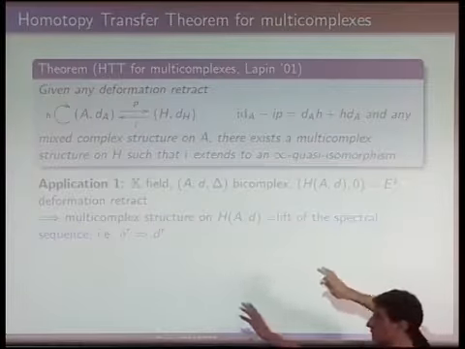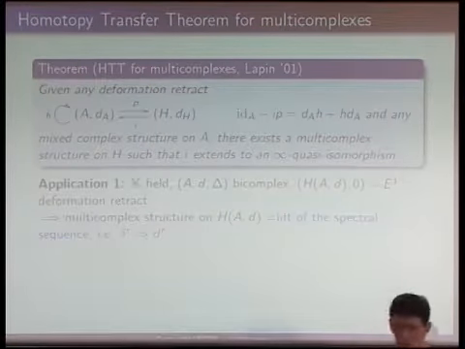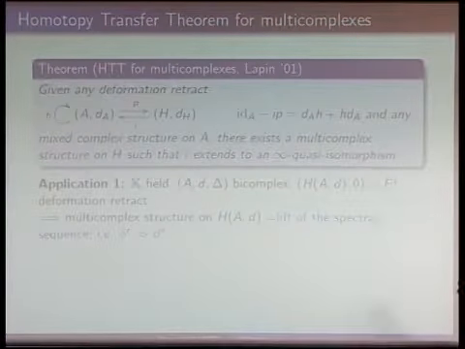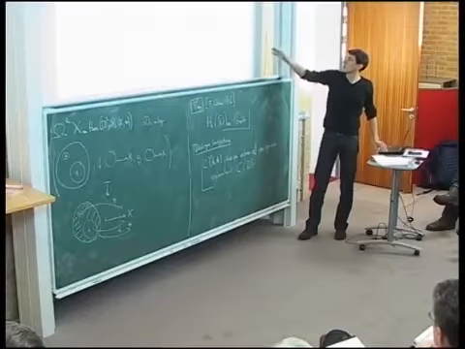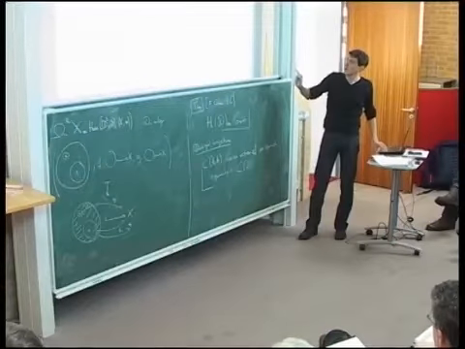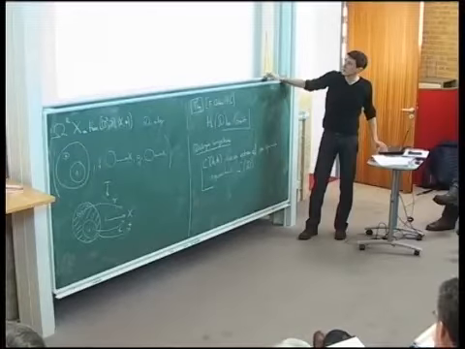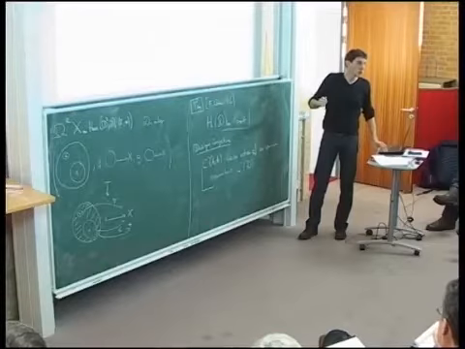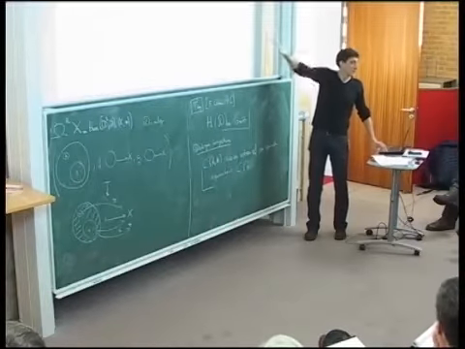So the structure that I described before is actually a lift of the spectral sequence associated to a bicomplex. Said another way, this gives you another way to interpret spectral sequences. A spectral sequence is all about homotopy theory like this. And you can find this exactly in the first papers on cyclic homology. The way you prove that all the definitions of cyclic homology are the same relies on this theorem. Wow.